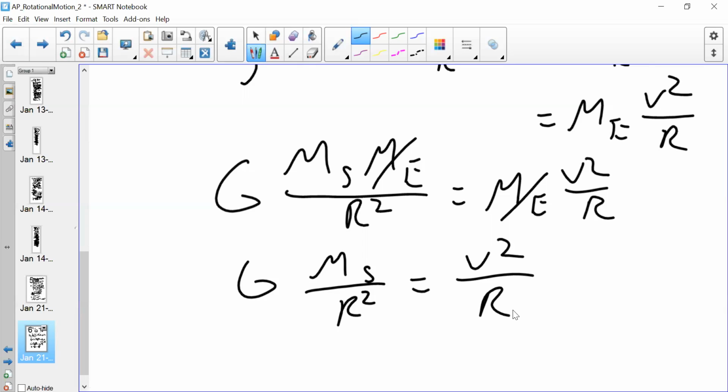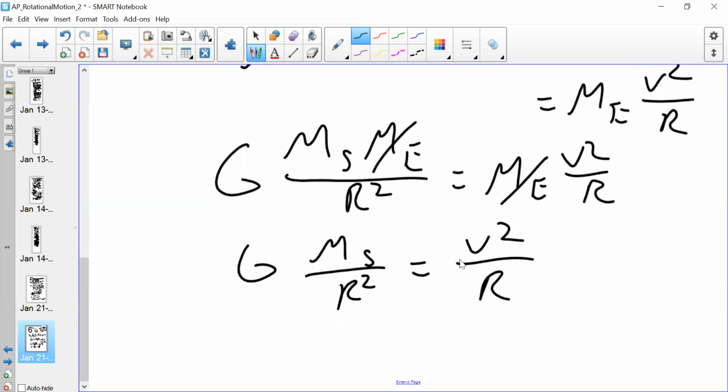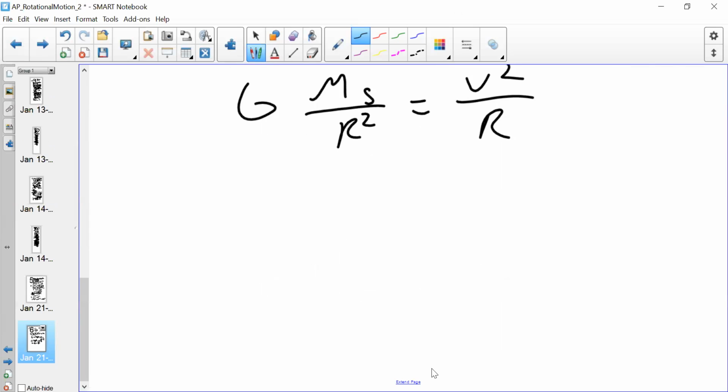We know there is intrinsically because we have velocity in there, and velocity is going to be the circumference over period, distance over time. So we know there's a relationship, but we're just trying to see what exactly that relationship is.